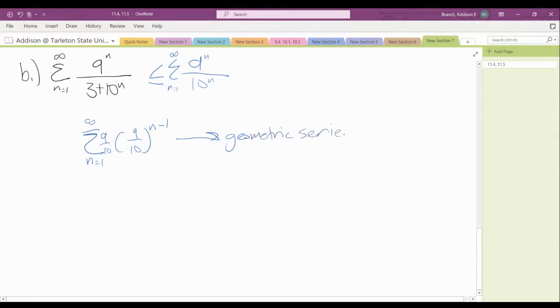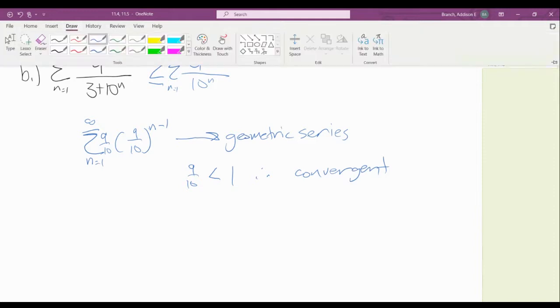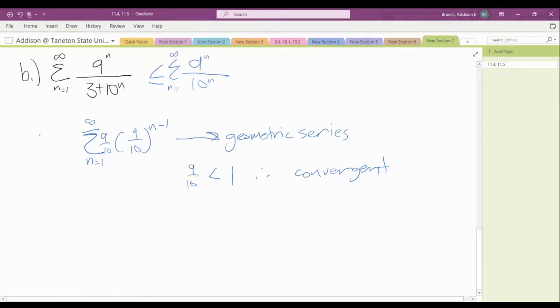Because this is the bigger series, we test for convergence. We know that 9 over 10 is less than 1. Therefore, this series is convergent. So that makes our initial series convergent as well.